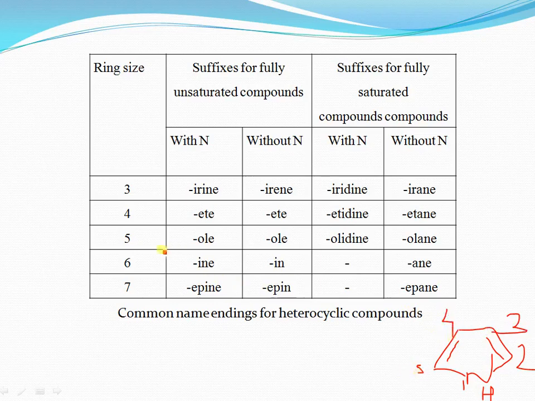So again it is a 5-member ring, and it is nitrogenous, again a suffix for fully unsaturated, this is unsaturated. So with nitrogen it is ole, so it is azole, aza, that's why it is azole, isn't it? This table is useful for the nomenclature of heterocyclic compounds, azole, like this.